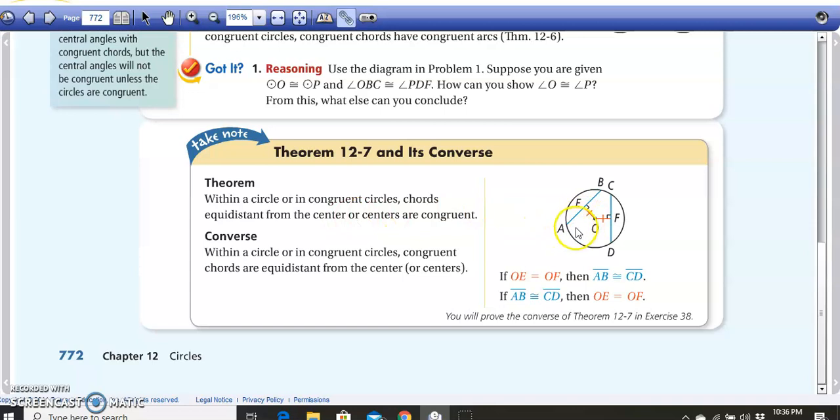In other words, the distance from the center to the chord has to be perpendicular, because that is to know that the small distance is perpendicular. It is perpendicular, and this distance is the same. Then the side of AB, it is the same. And there is another characteristic that I think is in the next theorem that says that it is in the half of this.